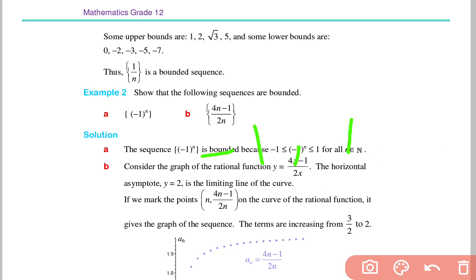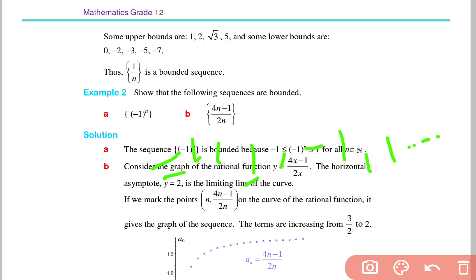This number is the lower bound. This sequence is -1, 1, -1, 1. -1 is the lower bound, 1 is the upper bound. Is this sequence bounded or unbounded?